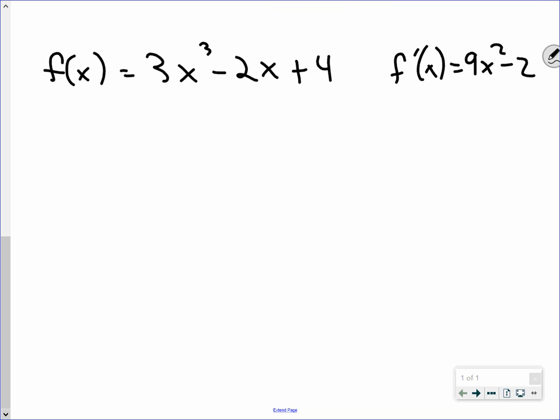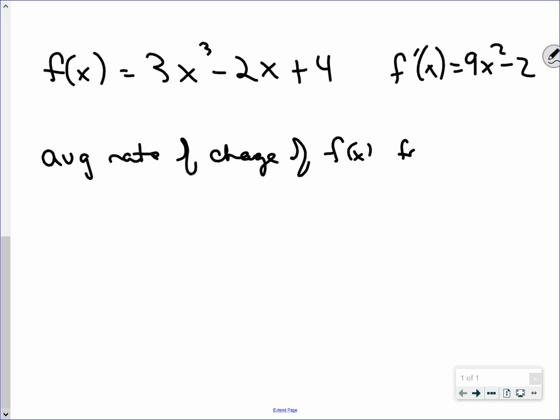If I ask you to find the average rate of change of f from, well, sometimes they say from x equals to x equals, but often they'll give you the interval on 1 to 2. Okay? All right, so average rate of change does not mean add them up. It means y2 minus y1 over x2 minus x1.